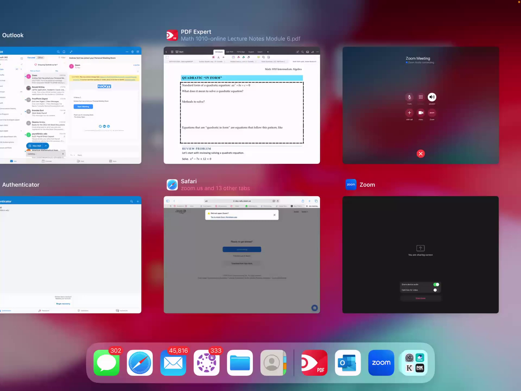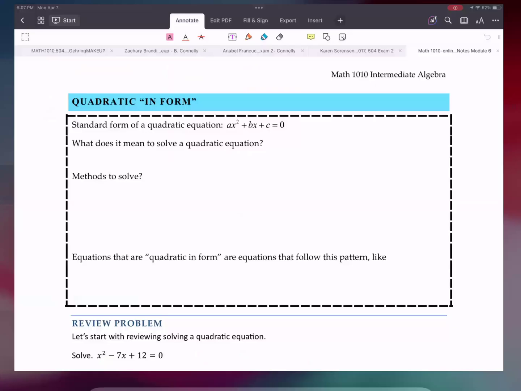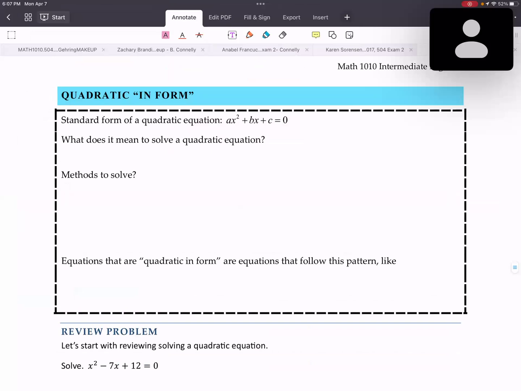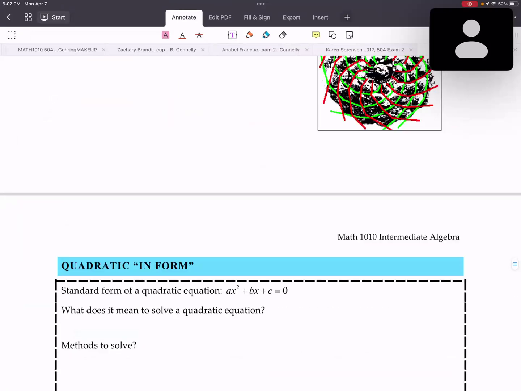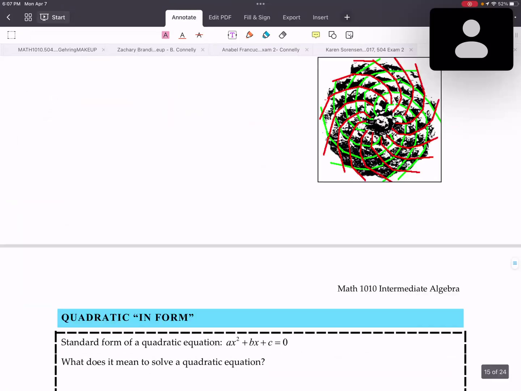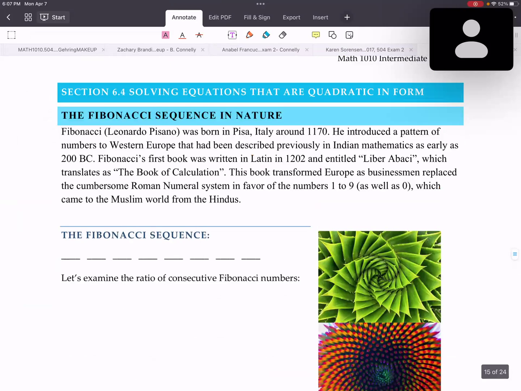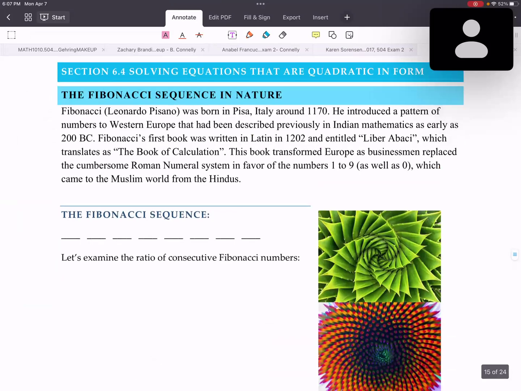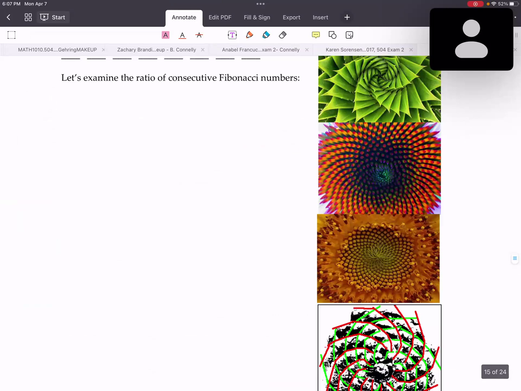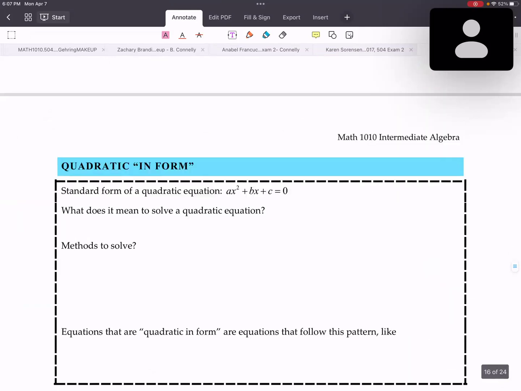All right, so this is, oh goodness, now I can't remember which section it is. Oh yeah, because I'm going to skip past some of the stuff. So 6.4, solving quadratics that are quadratic in form. When we say something is quadratic in form, we're saying that the standard form looks like this: ax squared plus bx plus c equals 0.